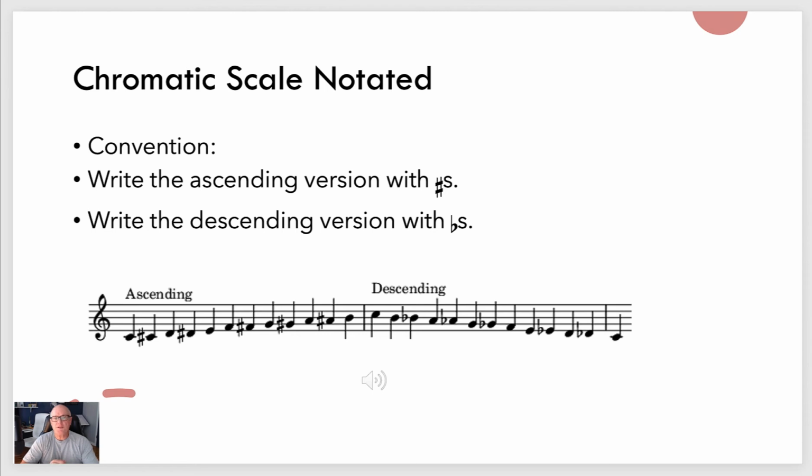And so when we notate it, here's the convention you use when you're notating a chromatic scale. You write the ascending version with sharps. So from C, go to C sharp, D, D sharp, E. Now it's every key on the piano. And you can listen to this. Now descending.